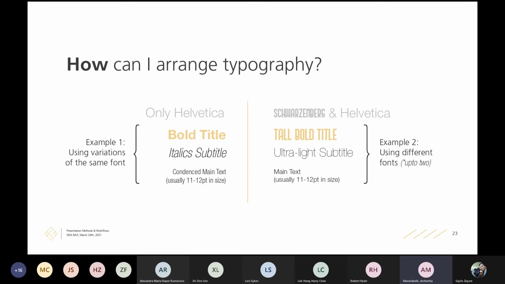So you can use one font, or you can use many different fonts, well, up to two ideally, so that it doesn't become too busy in there. But the idea is, and that is the key in everything you do: how do you draw attention to the thing that you want the person to focus on, essentially?